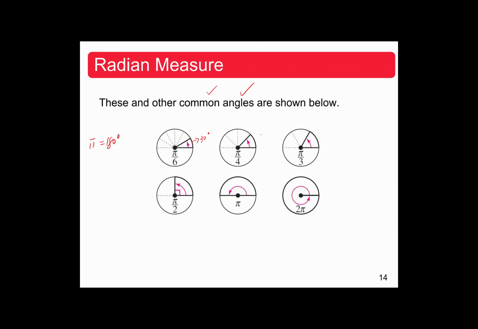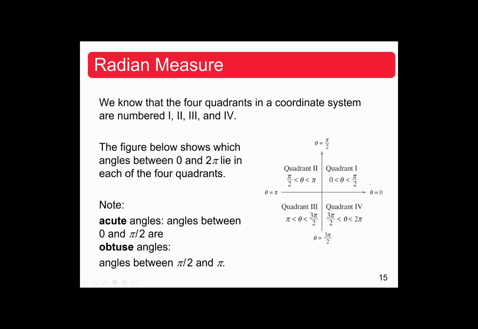And then pi over 4 is 45 degrees. Pi over 3 is 60 degrees. Pi over 2, 90 degrees. And then half a cycle will be 180 degrees. And then 2 pi will be 360 degrees. Okay, so that's the equivalent radian measure and degree measurement.